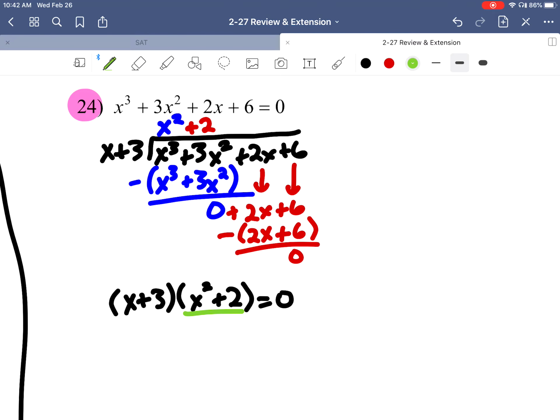Square rooting, we get x equals positive and negative square root 2i.